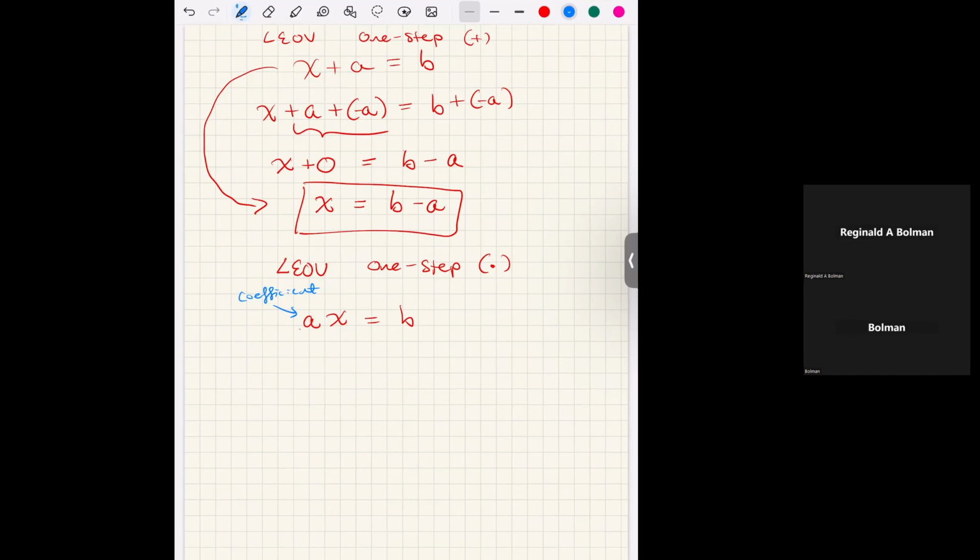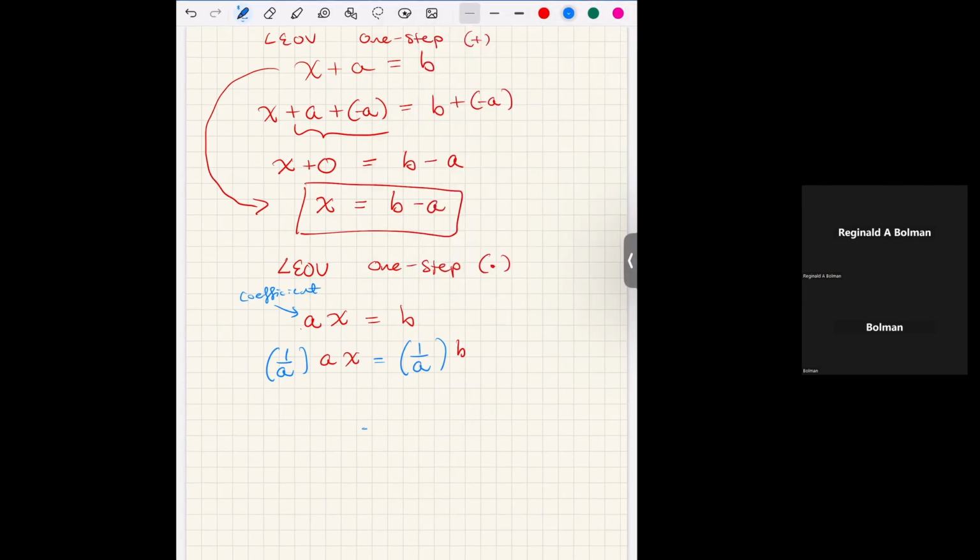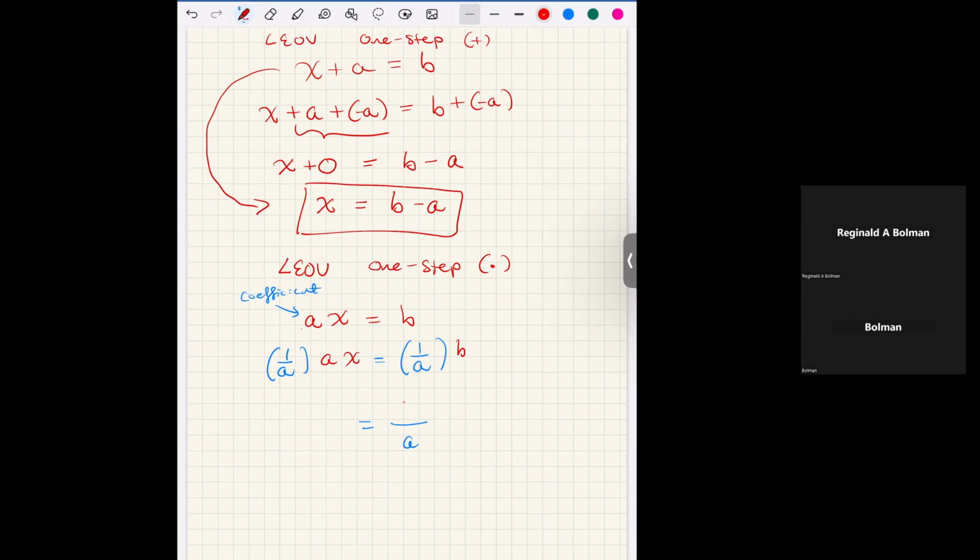But what we know is that if we take the multiplicative inverse of a and we multiply the multiplicative inverse on both sides, and here, let me use two different colors just so that you can maybe see that a little bit better. Take the multiplicative inverse, you multiply it on both sides. What's going to happen is on the right-hand side, you just have the multiplication with fractions rule. So you have 1 over a times b, which b will just multiply with 1, and you'll now be left with a new fraction, b divided by a.